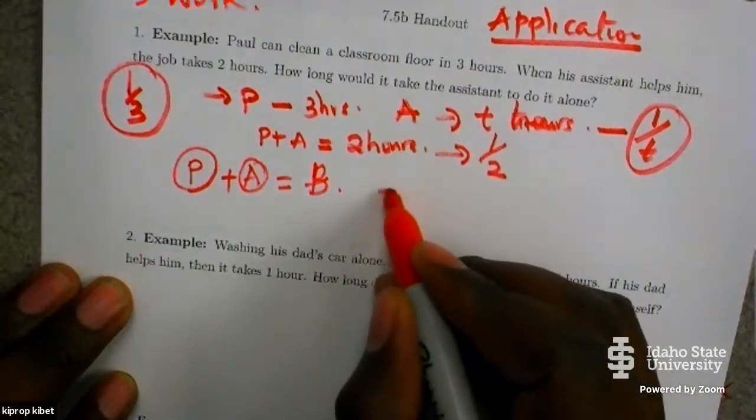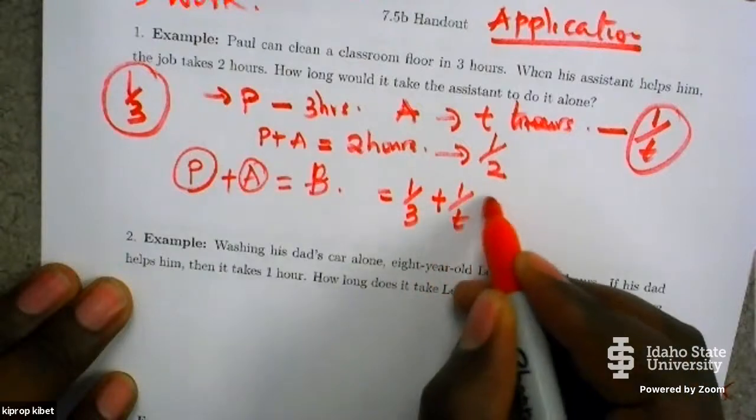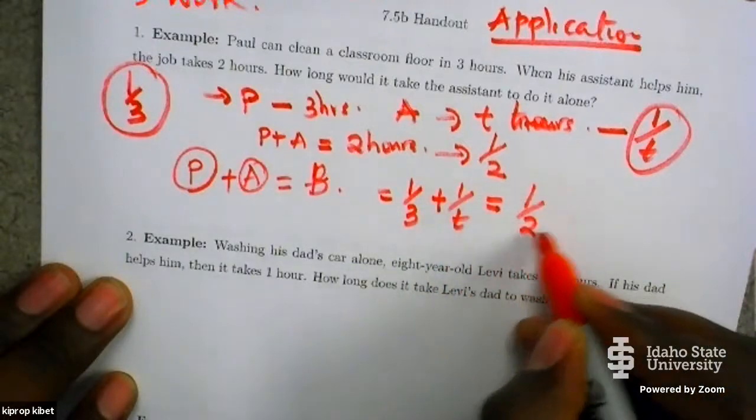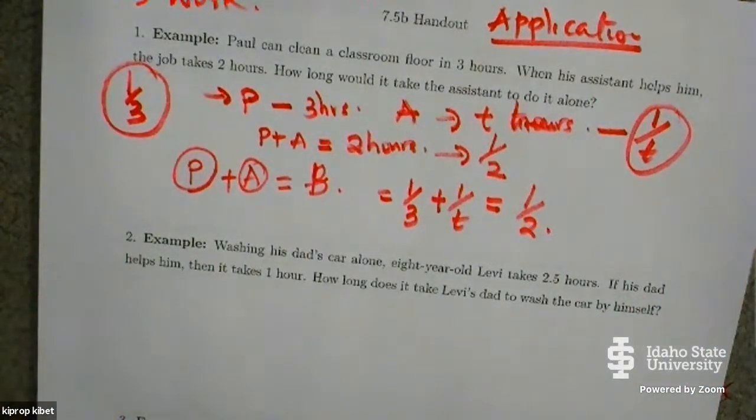So it will now be 1/3 plus 1/t equals 1/2. This is for Paul in 1 hour, and this one is for the assistant in 1 hour. If you add the two of them, if both of them do it together, in 2 hours they will have done the job.